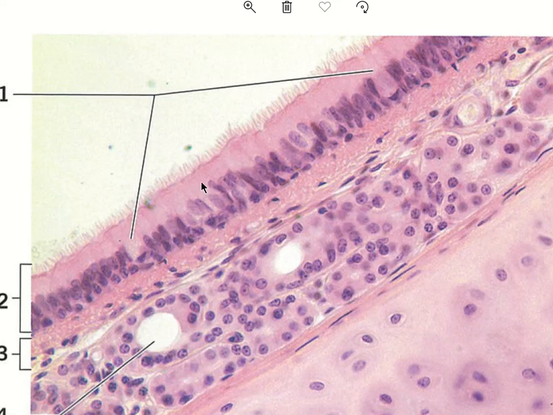Basically, someone asked me in open lab what the difference is between the mucus that the goblet cells secrete versus the submucosal glands secrete.